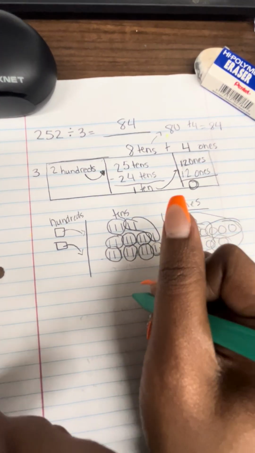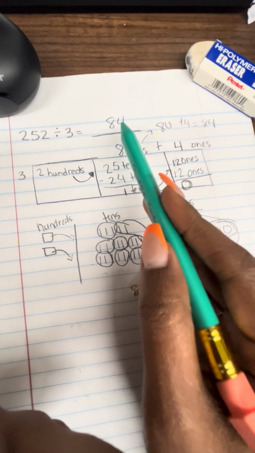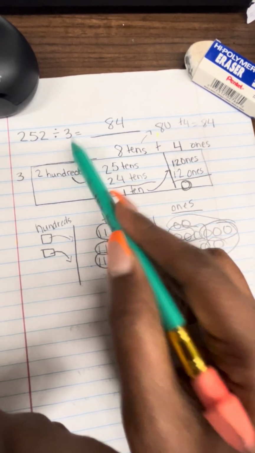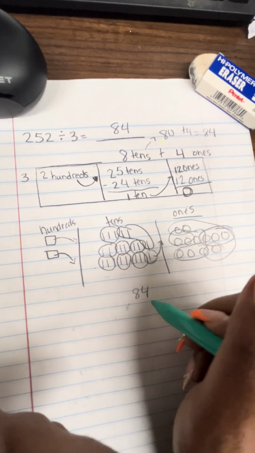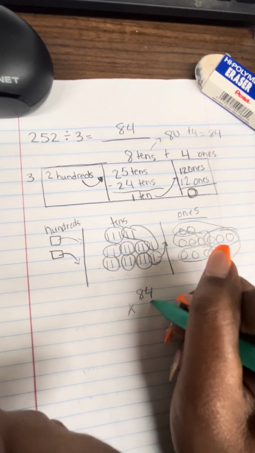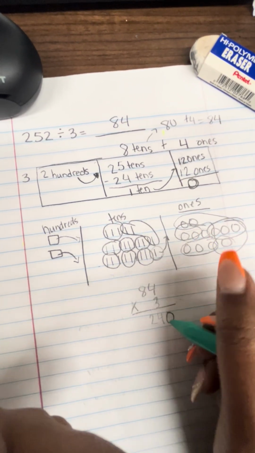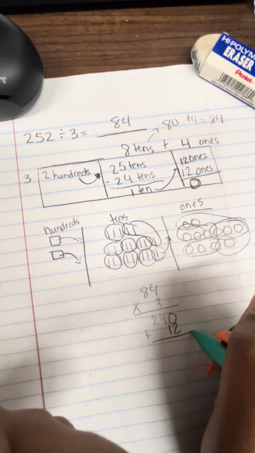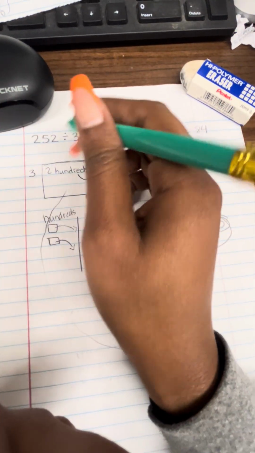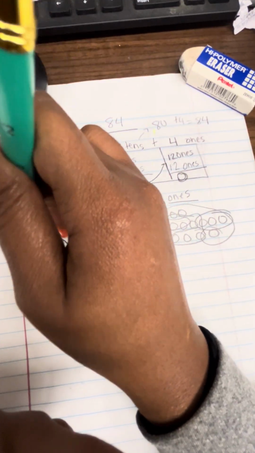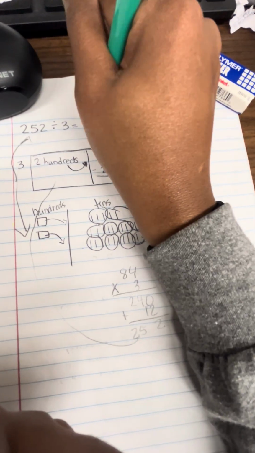To check, to make sure that you are correct, you're going to take the quotient and multiply it by the divisor, and you should get the dividend. 3 times 80 is 240. 3 times 4 is 12. I'll get my top number, 252. And my answer is correct, so I'm going to box it in.